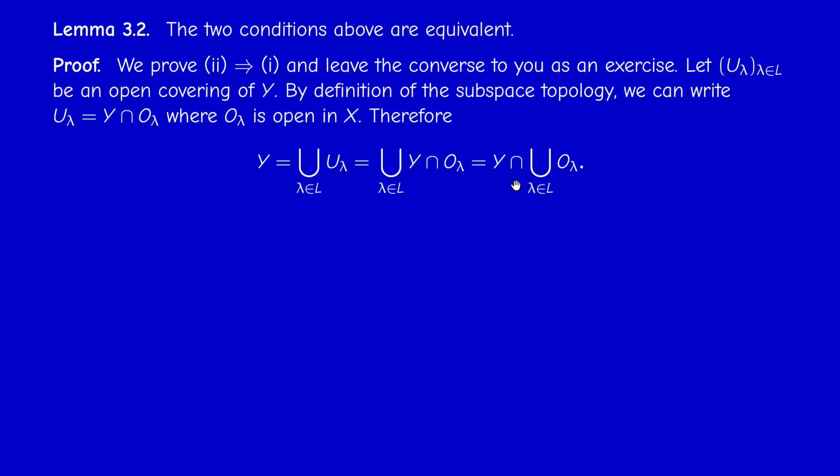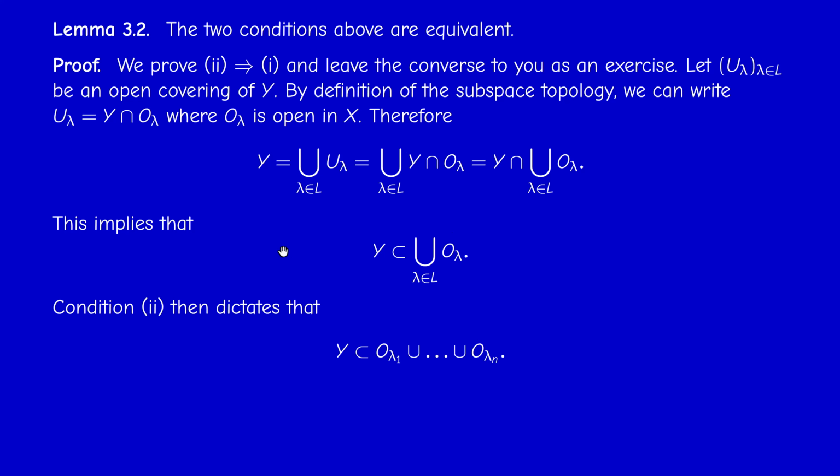Why? Because if x is in Y, then x is in Y and in the union, so x is in the union. This is set theory. So now we have a covering of Y by open sets of X, and condition 2, which I assume, tells me that I can extract from this covering a finite subcovering.